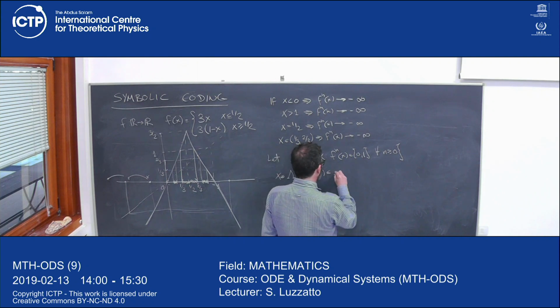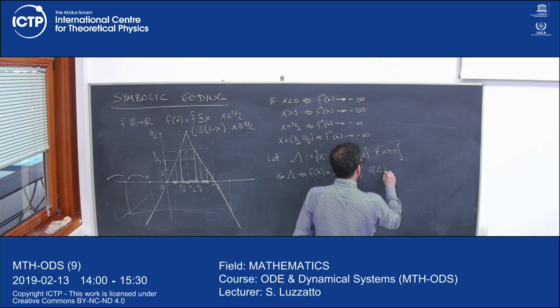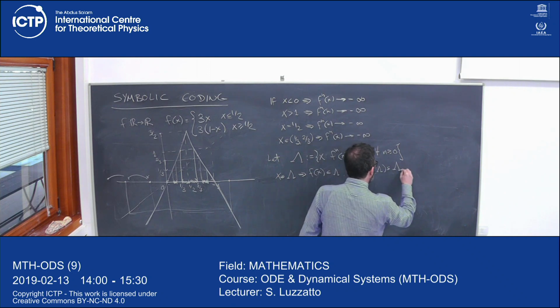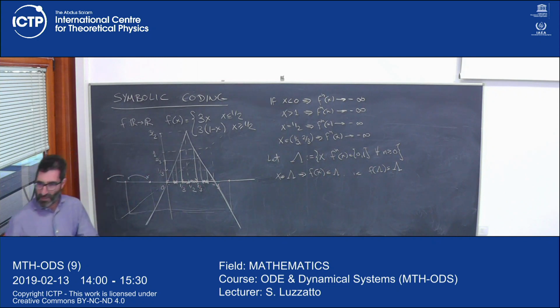So this is also in Lambda, okay, i.e. this means that Lambda is invariant, right? So f(Lambda) maps into Lambda. It's a forward invariant set, okay? In fact, we will see that f(Lambda) is actually equal to Lambda, but for the moment we just make that observation.